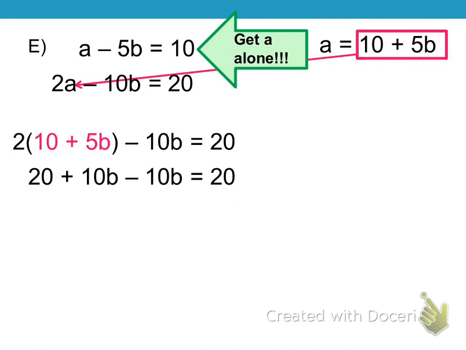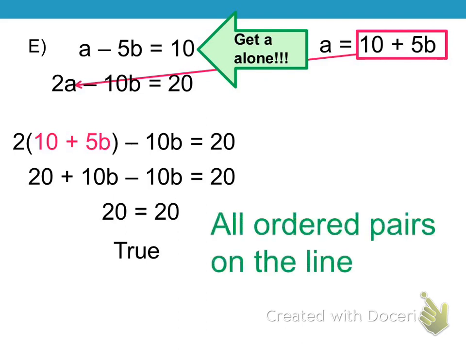Uh-oh, what happens? The b's go to 0, right? 10 minus 10 is 0, so 10b minus 10b is 0 b's. 20 equals 20. You need to ask yourself, is this true or not true? This is true. 20 does always equal 20. So the answer is all ordered pairs on the line.